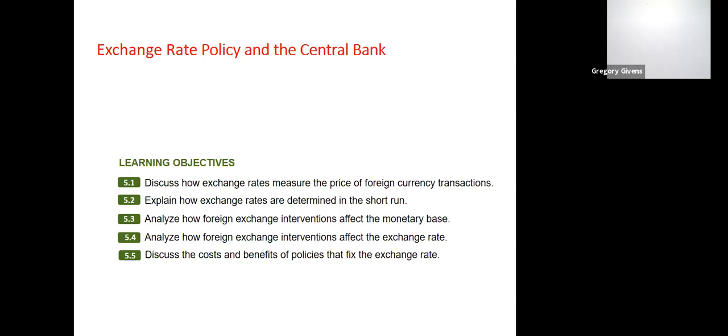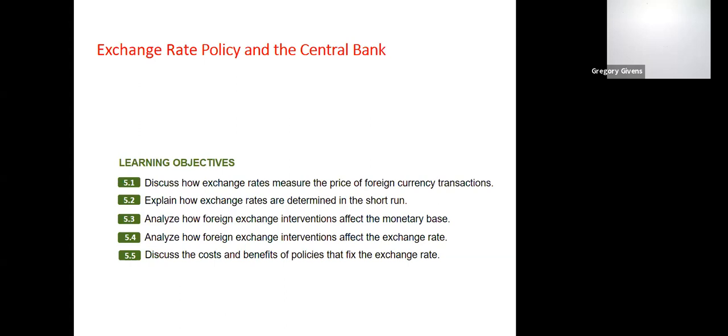So just like open market operations by the Federal Reserve can affect the monetary base and therefore the money supply and therefore economic activity, actions that central banks take in the foreign exchange market can also affect the monetary base. So we're going to talk about how those are similar to one another. I won't get to this today, but in the next class, we're going to analyze how these foreign exchange interventions by central banks can influence the country's exchange rate.